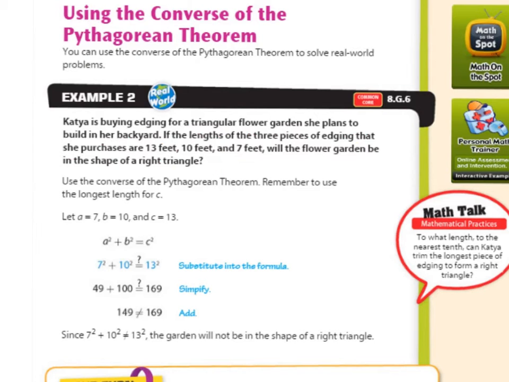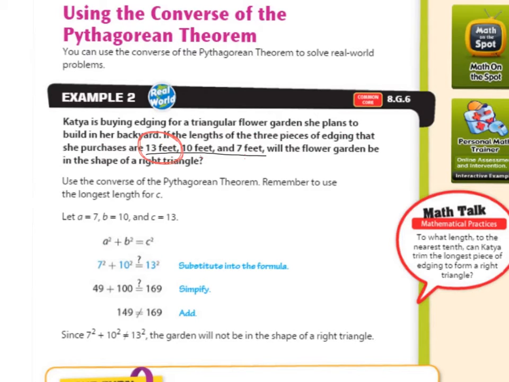Okay, so we've got 3 lengths here. The important thing you need to remember is that your biggest one always needs to be C. Okay, so that needs to be your C squared. And then these ones will be your A and B. Okay, so we're going to plug those values in to Pythagorean theorem. And we've got 7 squared from here plus 10 squared right here equals 13 squared, our longest one.